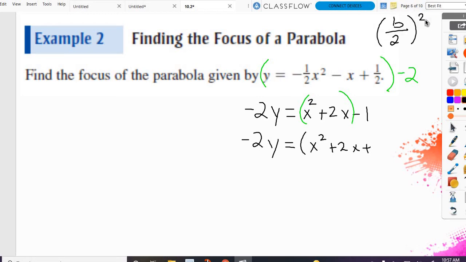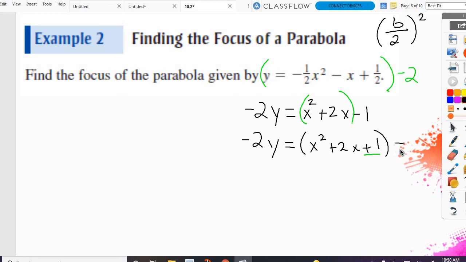Yes, that's it. B divided by 2, squared. So what is our B value here? 2. So 2 divided by 2 is 1. 1 squared is 1. So that was the missing piece for the inside.